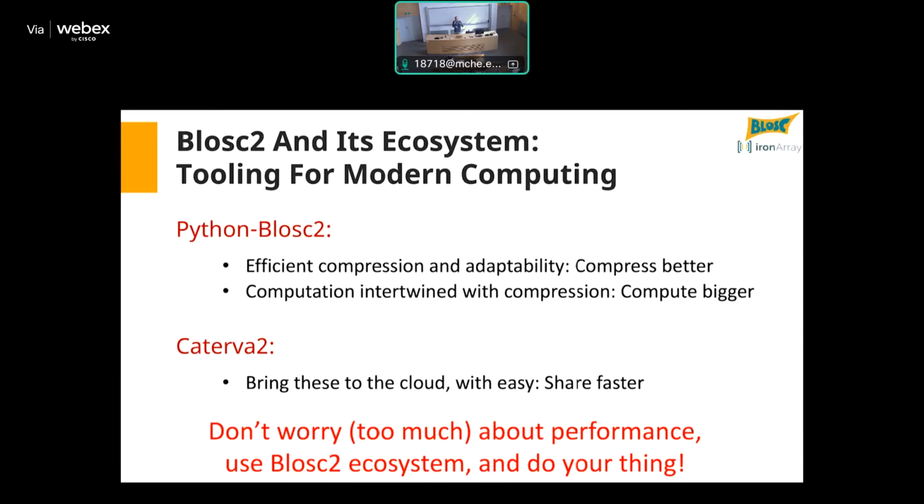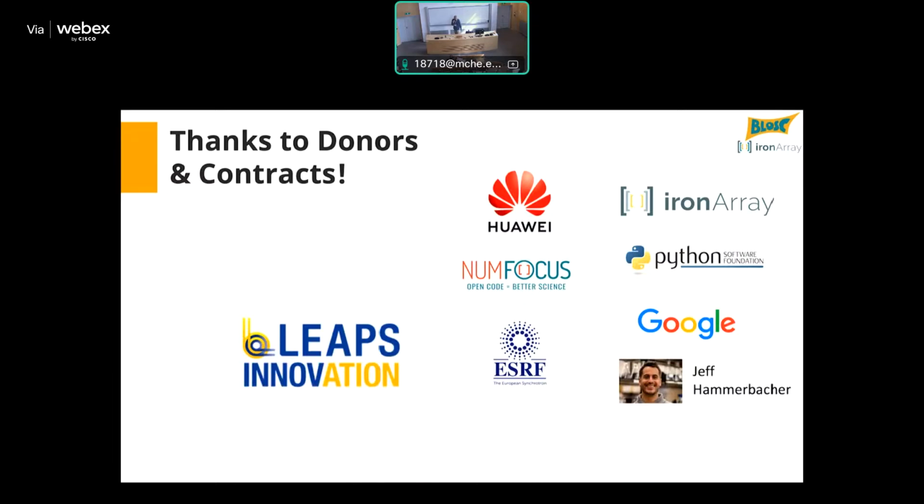And then you can share your data faster. So the idea is that you don't have to worry too much about performance, you can always use the BLOSC2 ecosystem and do your thing with the security that everything you are doing in BLOSC2 is leveraging the most modern architectures.